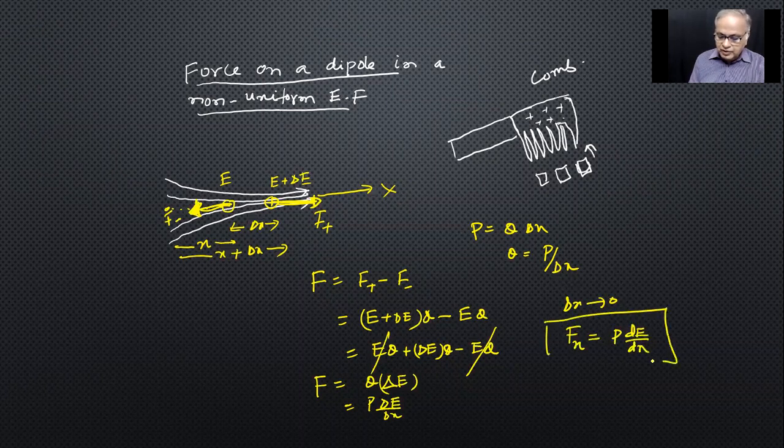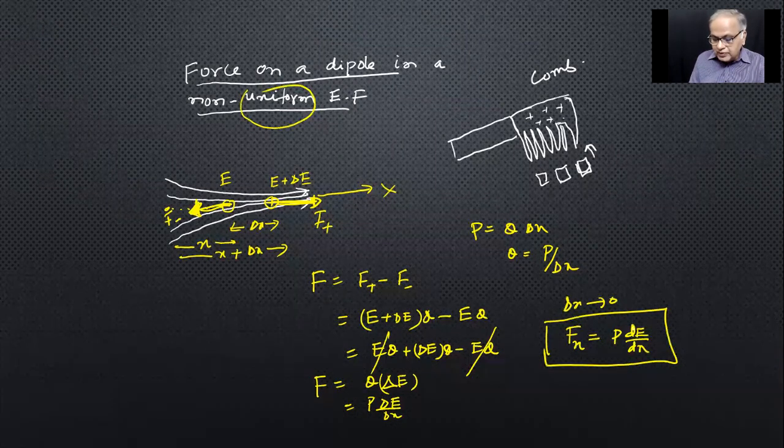So this is the formula for the force on a dipole in a non-uniform electric field. That means dipole moment into the rate at which E changes with X is the force on the dipole.